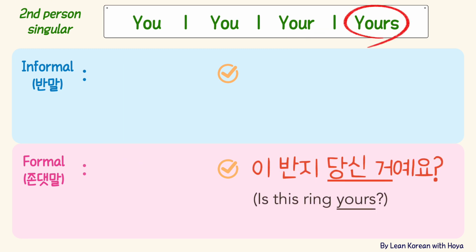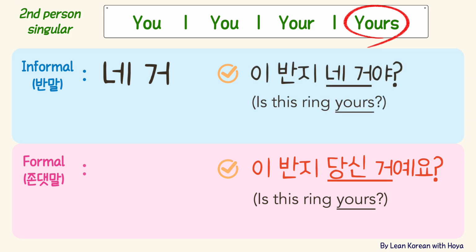The next one is the possessive pronoun yours. For informal speech, we use 내 거, or you can pronounce it as 네 거. Is this ring yours? 이 반지 내 거야? Or 이 반지 네 거야?